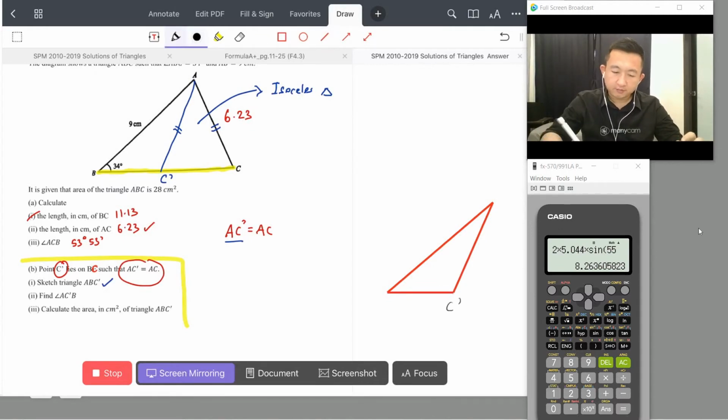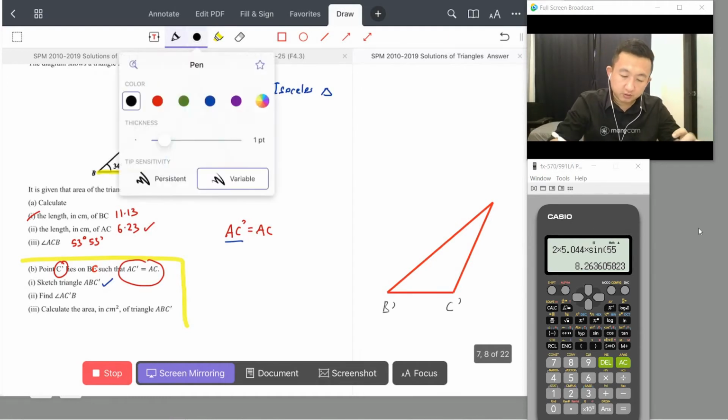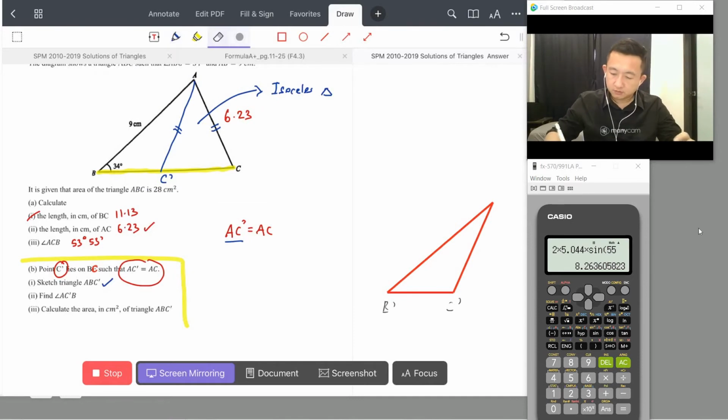C prime, B, C prime, and also A. So this is a new shape, a new shape of ABC prime.